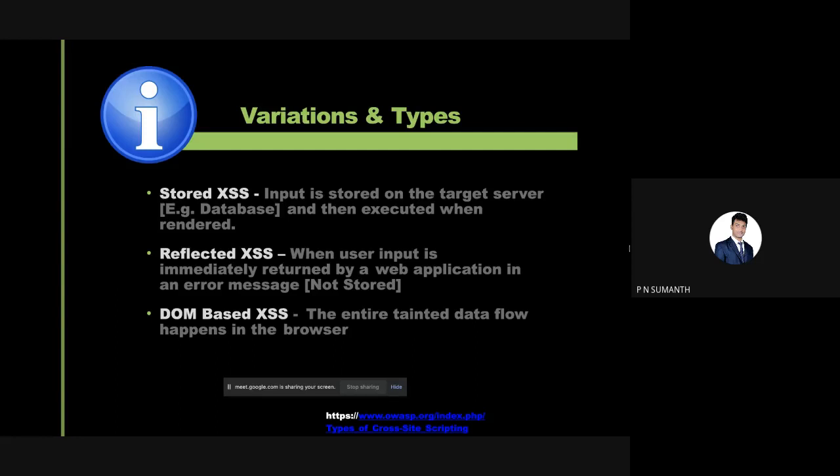After that comes DOM based XSS. This cross-site scripting occurs when the server itself is vulnerable to XSS. Most of the time in servers we add tight security or firewalls and all. But sometimes the server's firewalls fail to work, and then due to some internal error, it generates some code.